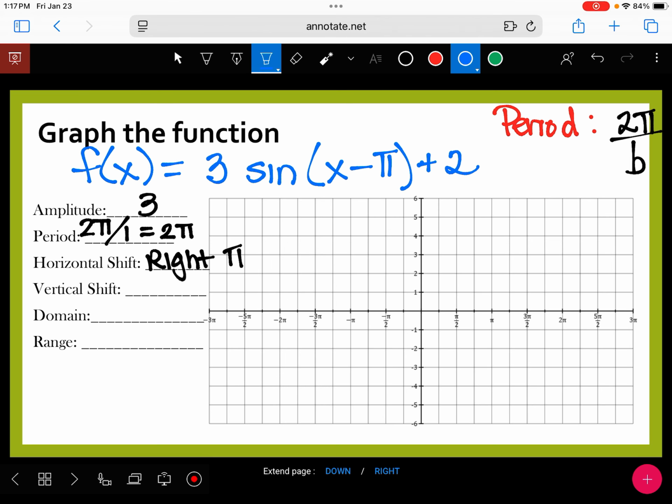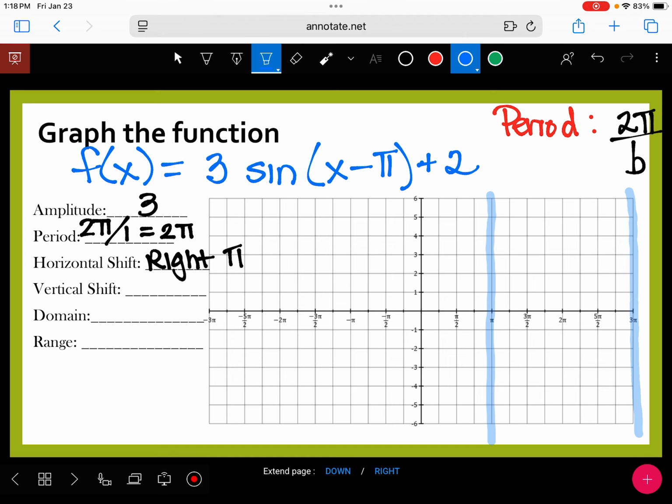Because I'm going right pi, that means I'm starting it right here. Because my period is 2 pi, I want you to count 8 from here. Count 8 from this blue wall. If you count 8, because we're at pi, would you agree that pi plus 2 pi is 3 pi? So I'm going to end it at 3 pi, which is 8 hops.